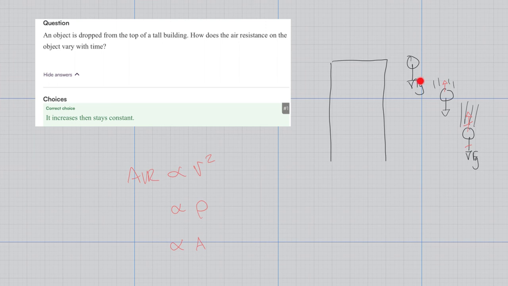So in this situation, density doesn't really change, area doesn't really change, but as it increases its velocity, the air resistance will increase. Once it gets to a point, though, where my air resistance equals my force of gravity, the velocity would be constant, and so my air resistance would stop increasing and just maintain a constant force as well.